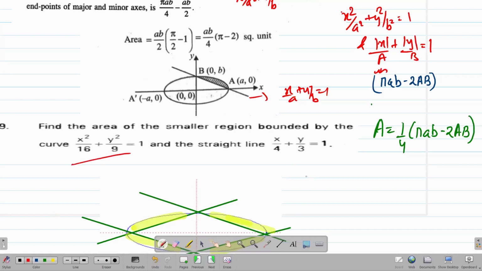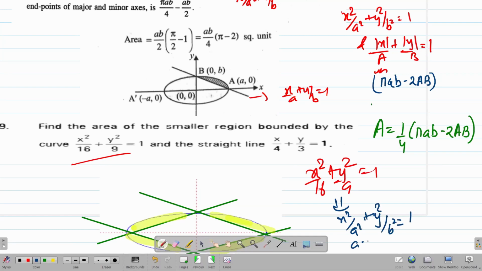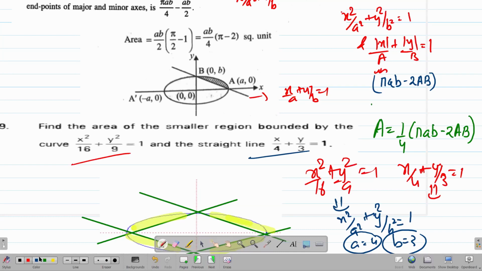Now, in this question, the ellipse is x square by 16 plus y square by 9 equal to 1, which is comparable to x square by a square plus y square by b square equal to 1. A is here 4 and b is here 3, and the line is x upon 4 plus y upon 3 equal to 1, which is comparable to x by capital A plus y by capital B equal to 1. That means capital A is 4 and capital B is 3.